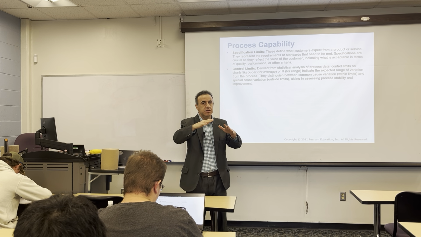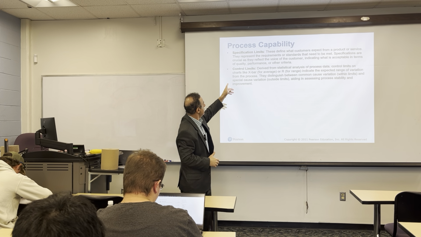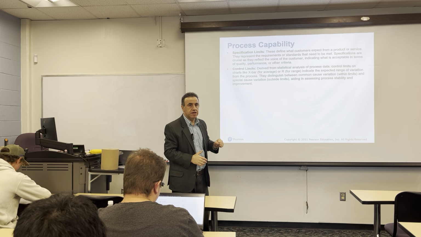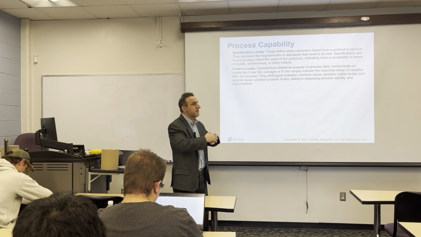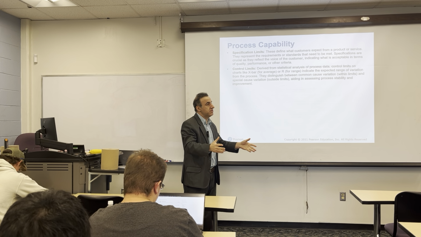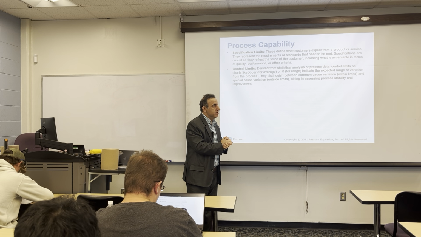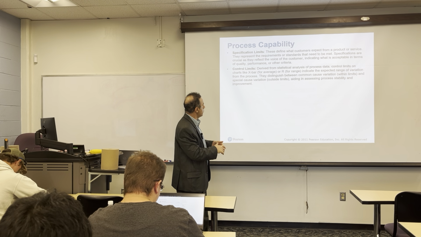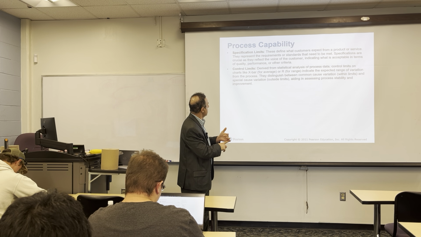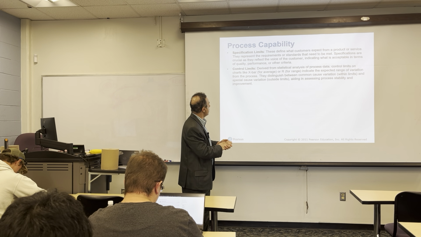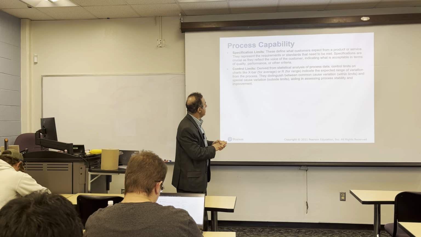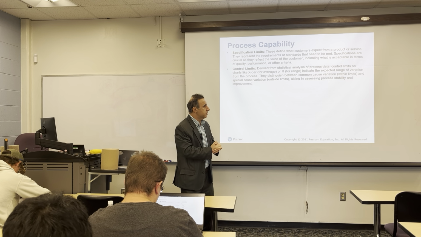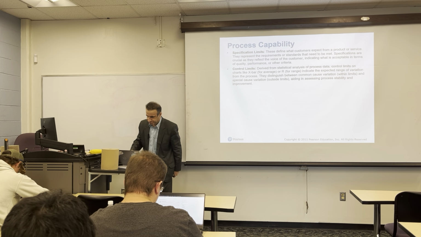But it does not meet the customer need. It's not within the specification limit. So that is a problem, right? We have to see how we can improve the process in order to meet both: the process is in control, and also the process meets the customer requirements.